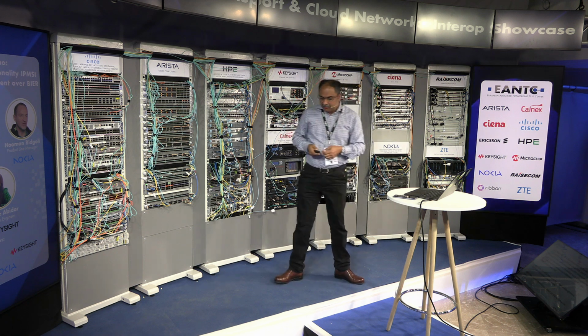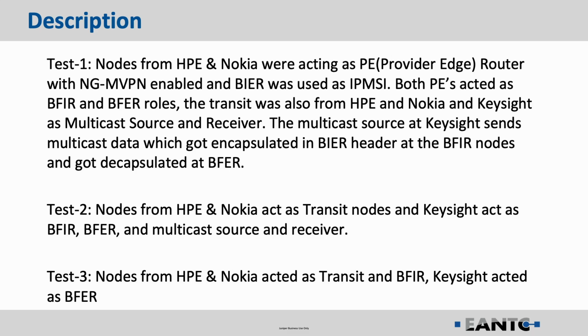Now, we have done 3 main test cases for the Interop. In the first test case, we perform the encapsulation and the decapsulation, wherein Keysight performs the source of the multicast data. In the second test case, both HP and Nokia nodes act as pure transit nodes.